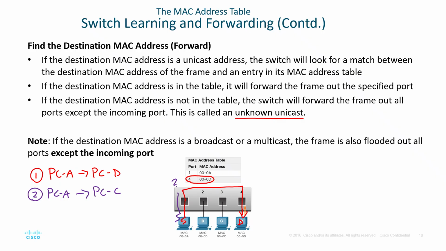Now for this example, it's going to flood it out ports 2, 3, and 4, but not port 1, because port 1 is where it was generated from. So it sends it out to these 3 ports. Now, only the PC that has that destination MAC address will respond back to the message.